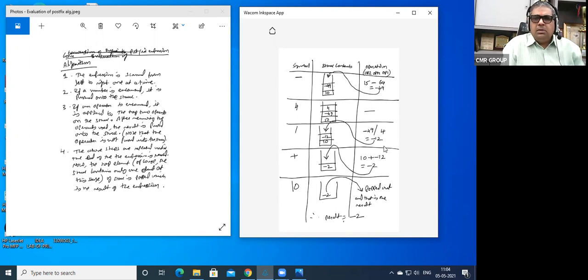Okay, so this is the application of stack. Don't have any other doubts? Then I'll go for the next topic, that is queues.